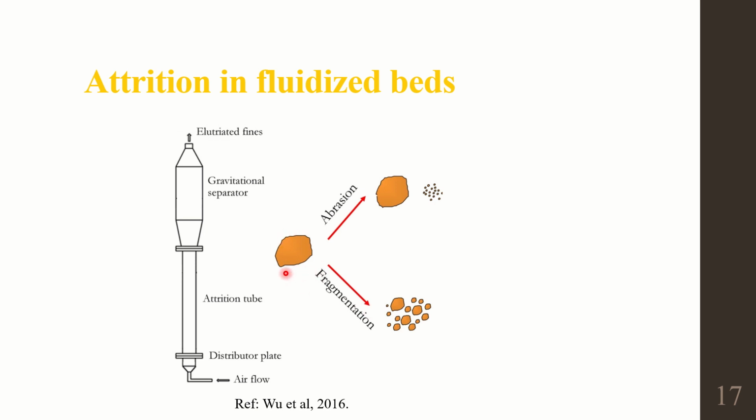In abrasion, because of particle-particle or particle-fluid interaction, some amount of fines would escape, eroded from the particles. In fragmentation, because of forced contact between the particles, the particles would be broken down. There are various models to study attrition in fluidized beds. All these we studied in the last classes itself.